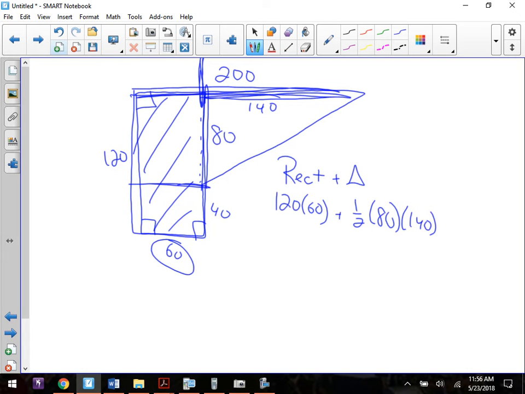Press a whole bunch of buttons. And I believe, if I remember correctly from a couple hours ago, 12,800 something squared, 12,800 meters, whatever it was. Hooray for math.